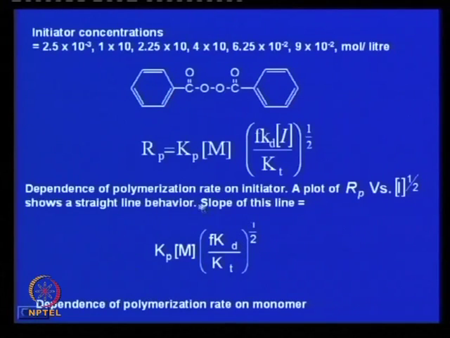So, if you know these parameters Kd, Kt, monomer concentration and Kp, you can calculate the initiator efficiency factor, the value of F. Or if you know F, Kd, Kt, M, then you can evaluate Kp. So, by just measuring the rate of polymerization, and if some other parameters are known, some unknown parameter can be calculated.